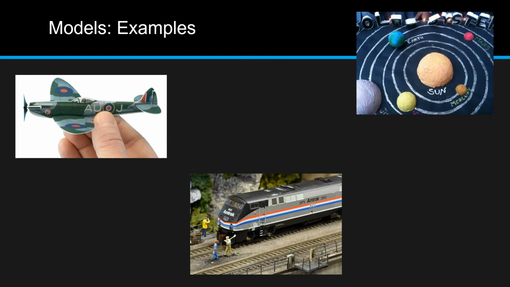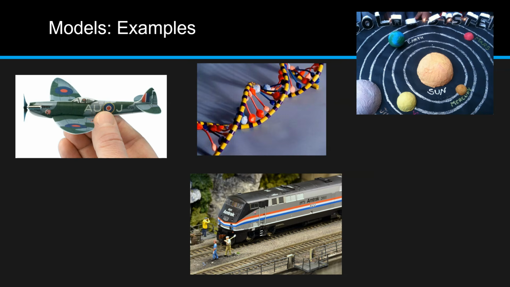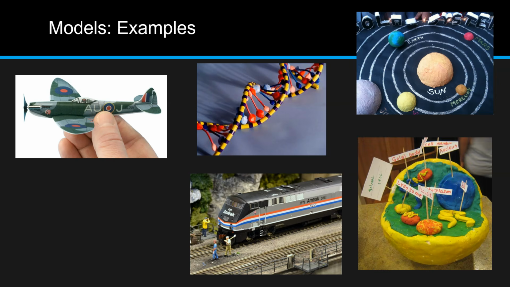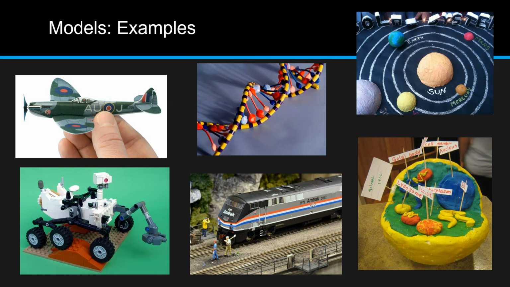Perhaps you have model trains at home. DNA, our genetic code, is really tiny, so models are great for studying strands of DNA. This is a model of an animal cell, which are very small, so models are helpful for seeing all of the individual parts. Even Legos can be used to make models.